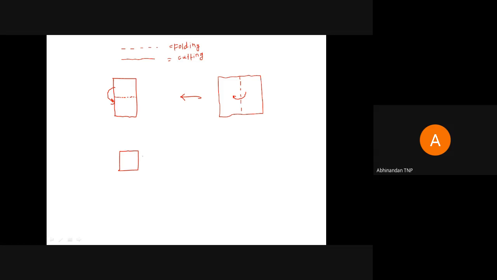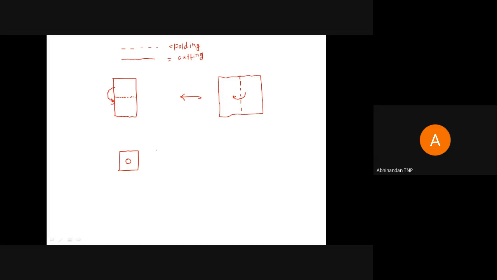This is the folded version of the paper. Then we are cutting in the center, let us consider I'm forming one circle in the center. This is cutting, this is folding. Now it is asked, after unfolding the paper, what kind of image do you get.